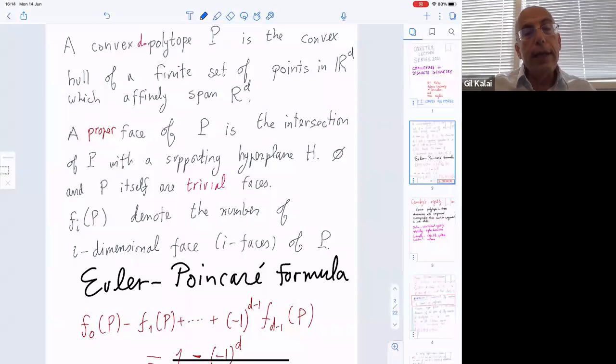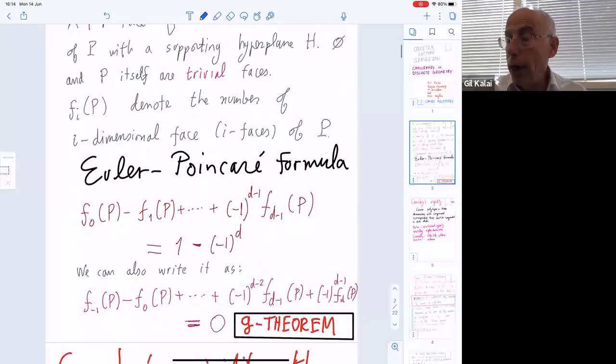We will try to understand the combinatorial structure of polytopes, which is the study of the faces of different dimensions. And perhaps a good point to start is Euler's theorem, which asserts that when we have a three-dimensional polytope, the number of vertices minus the number of edges plus the number of faces is always 2. The Euler-Poincaré formula is an extension to high dimension.